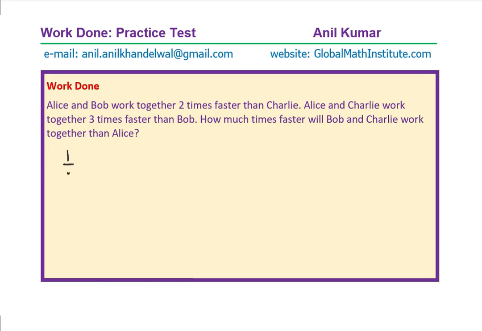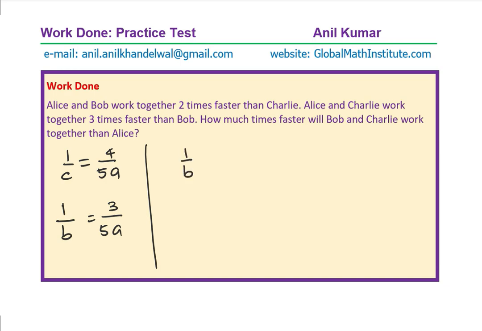We are saying that 1 over c is equal to 4 over 5a and 1 over b is equal to 3 over 5a. And what we need to figure out is how much faster Bob and Charlie will work together than Alice. So we can combine these two, right?